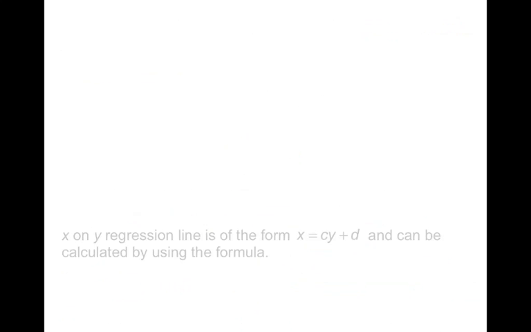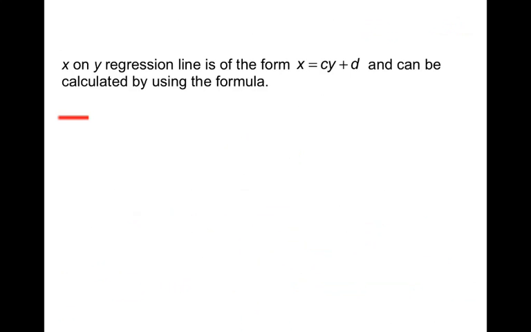The x on y regression line is of the form x is equal to cy plus d, and it can be calculated using this formula: x minus x bar is equal to Sxy over Sy squared, times y minus y bar.